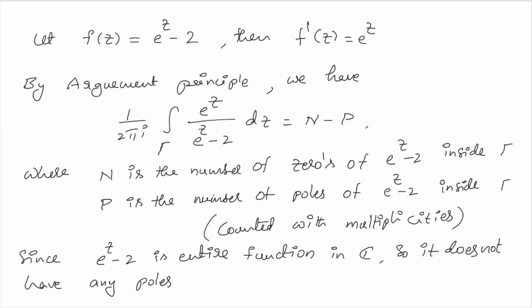In particular, it does not have any singularities in the complex plane. So we have the value of p as 0. Now coming to the number of zeros of e to the power of z minus 2.